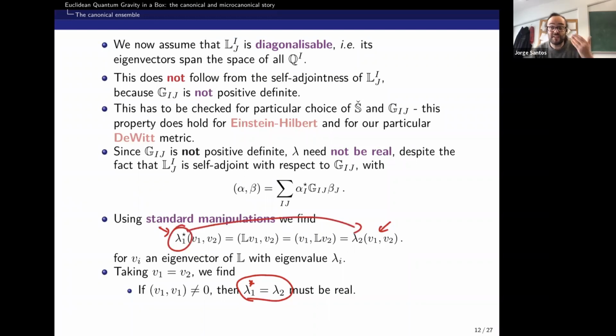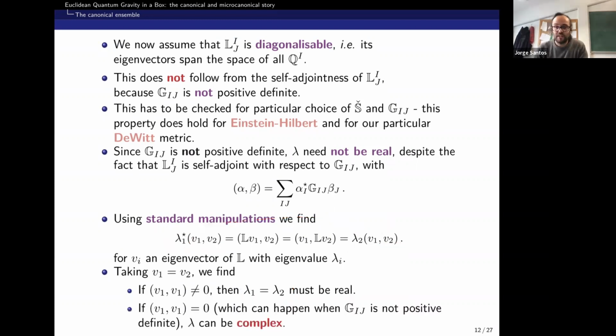But because the inner product is not positive definite, it could well be that (V1, V1) is 0. And then if (V1, V1) is 0, this guy is 0 and this guy is 0, and you do not reach any contradiction whatsoever. So that's the second option. If (V1, V1) is 0, which can happen because our metric is not positive definite, then lambda can be complex.